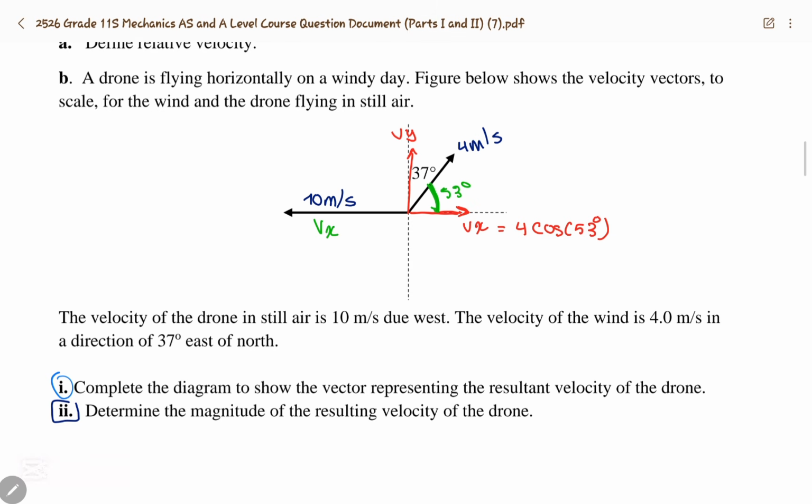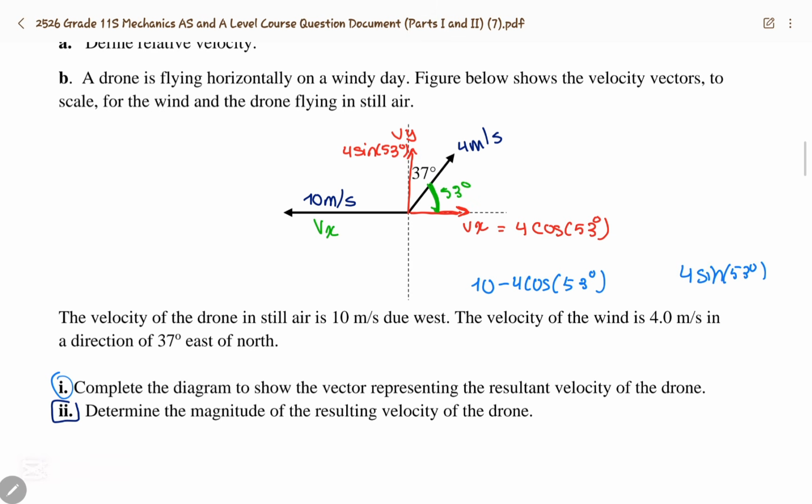If you draw a parallel vector of Vy, you will see that the 53 degrees angle is opposite, so I'll use sine. Here it will be 4 sine 53 degrees. So on my x-axis, I'm going to have 10 minus 4 cosine 53, squared, and on my y-axis, I'm going to have 4 sine 53.